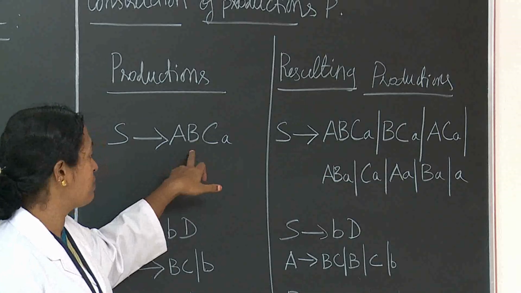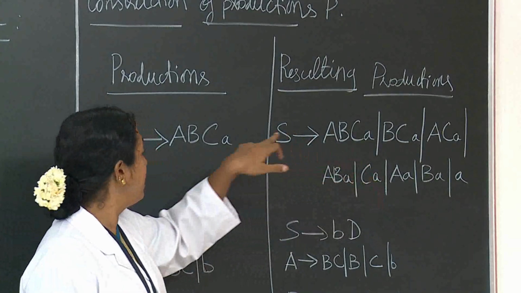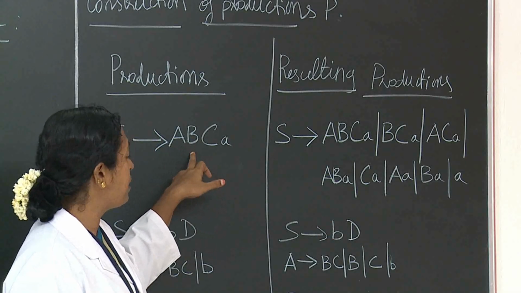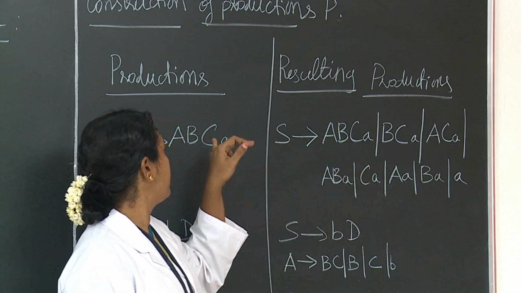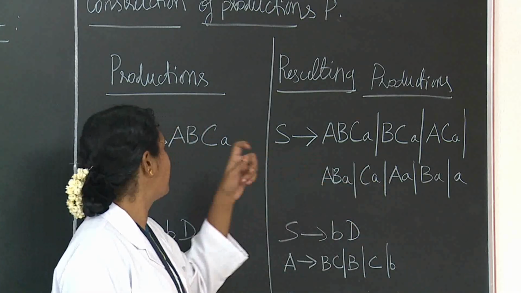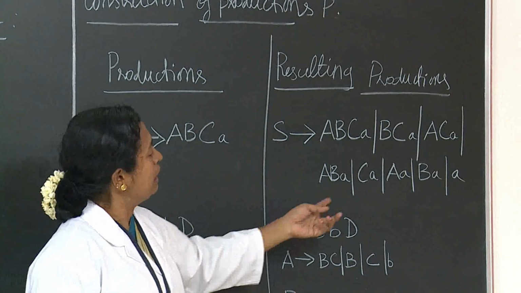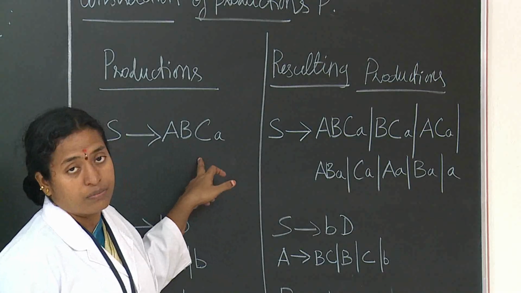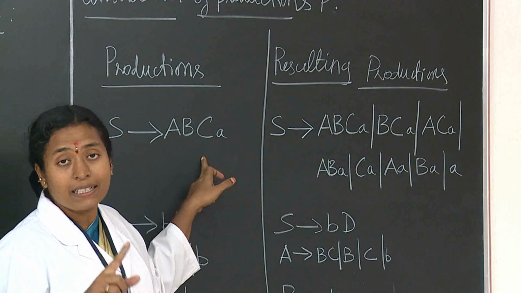When B is replaced by epsilon, we get AC. When C is replaced by epsilon, we get AB. Then if we replace AB with epsilon, we get CA. If we replace CA, A and C, we get BA. If we replace BC with epsilon, we get CA. So we have to replace each and every nullable variable by epsilon.